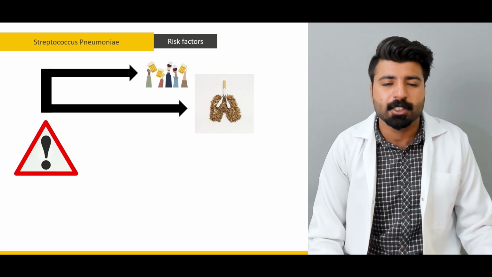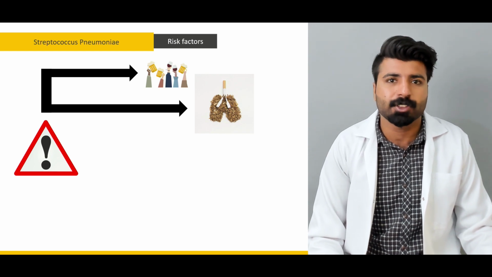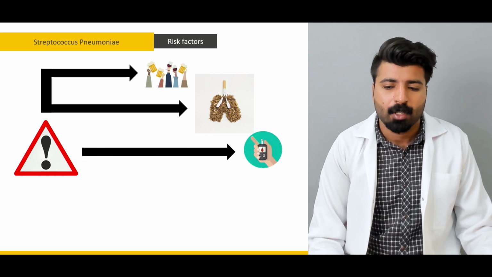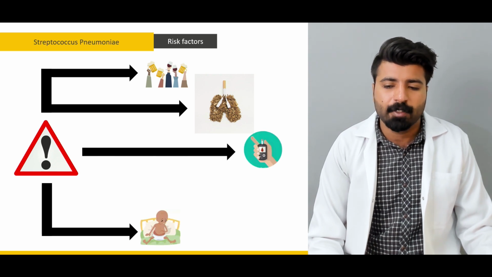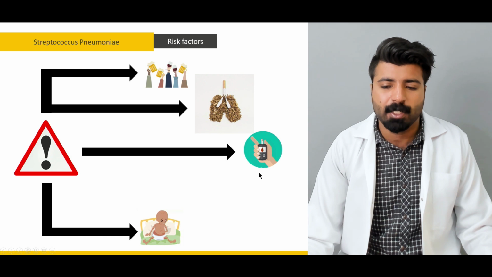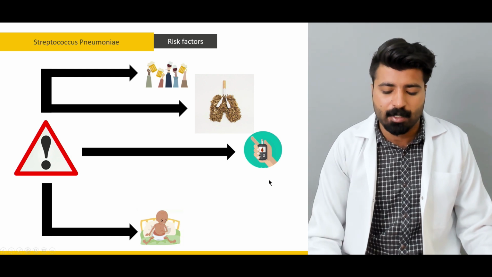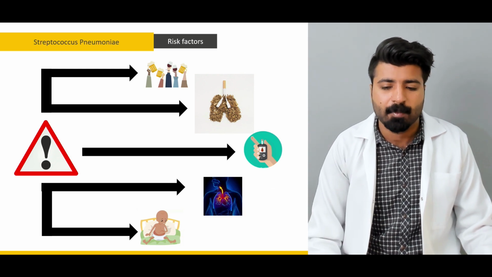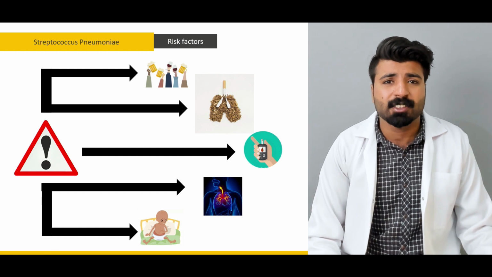People who drink get this, people who smoke get this, because their respiratory system is already compromised somehow. And afterwards, you can see if a patient has low HP or something like that, and children specifically get that. And if the patient is already suffering from some other chronic disease. So these are the risk factors for streptococcus pneumonia.